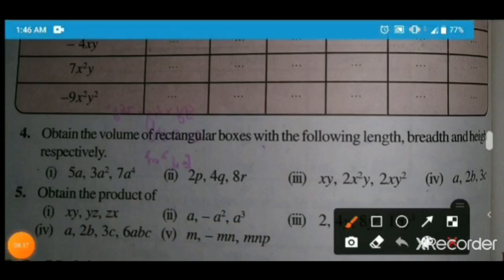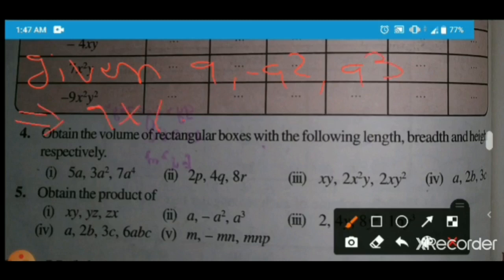Now the second part: a, minus a square and a cube. For the solution of this, first we can write, it is given a, minus a square and a cube. It shows that it is a multiplied by minus a square multiplied by a cube.